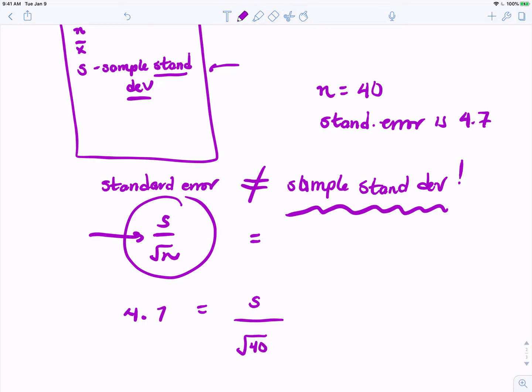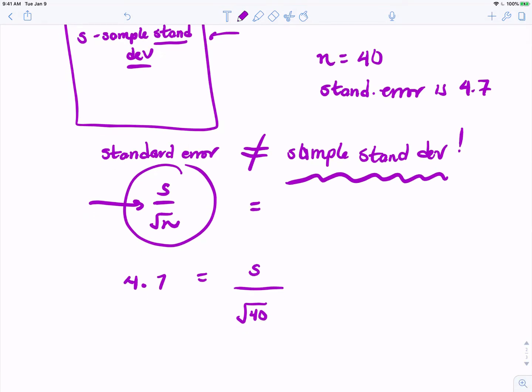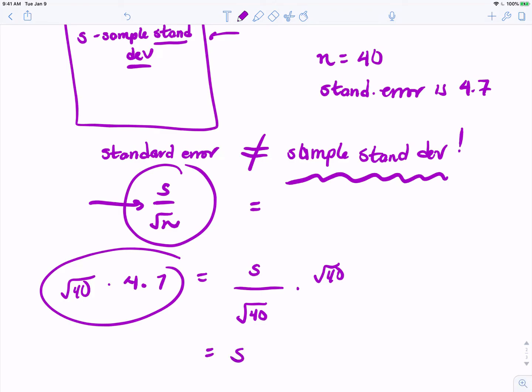You would have to use the miracle of algebra to solve this for s. Multiply both sides by the square root of 40. And then using a calculator, you would have a value for s that you could put into StatCrunch and find the confidence interval. Are you going to have to do that on an exam?